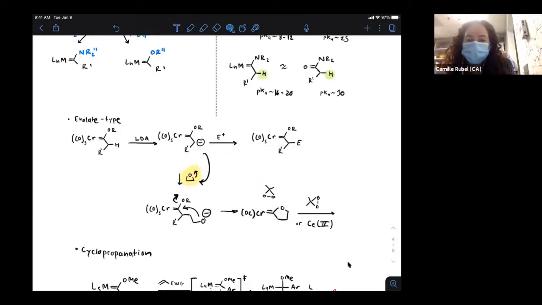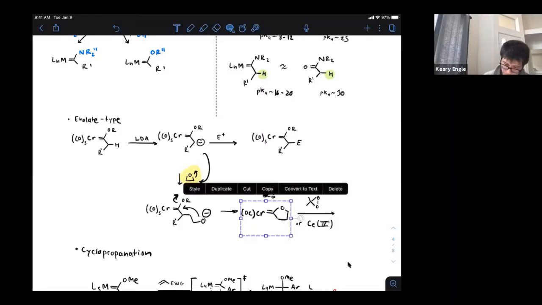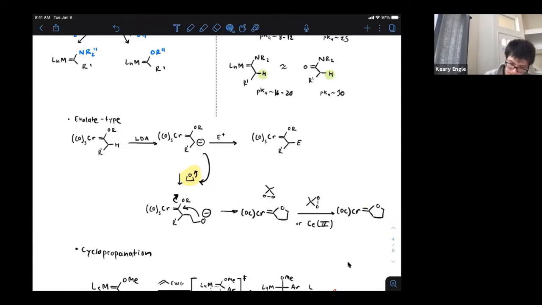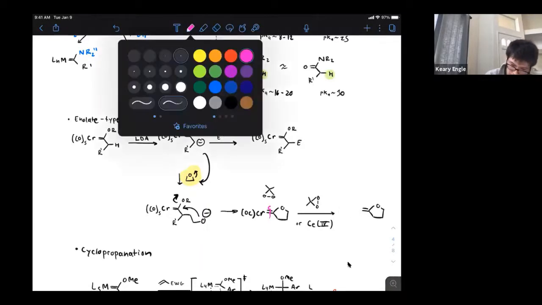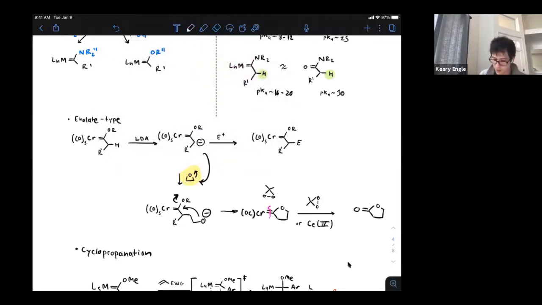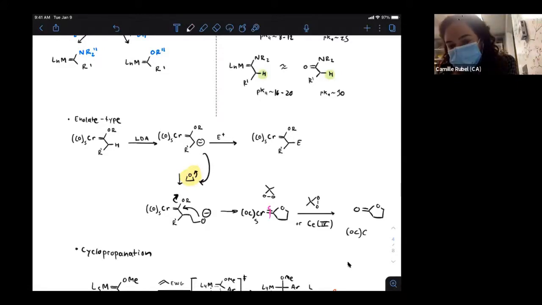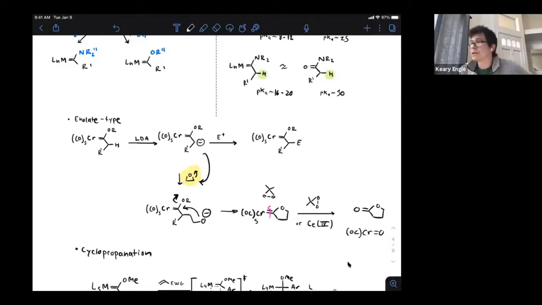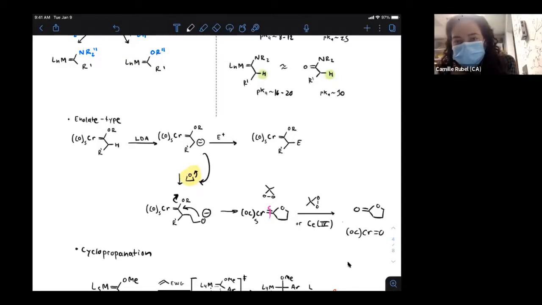Oh, so you'll add across the double bond. Beautiful. So here, if you want to think of it that way, this will actually convert your metallolactone to a lactone and the corresponding chromium oxide compound, I guess, ultimately. Super, Camille. Any questions on that? So is it turning over or no? This is not turning over.